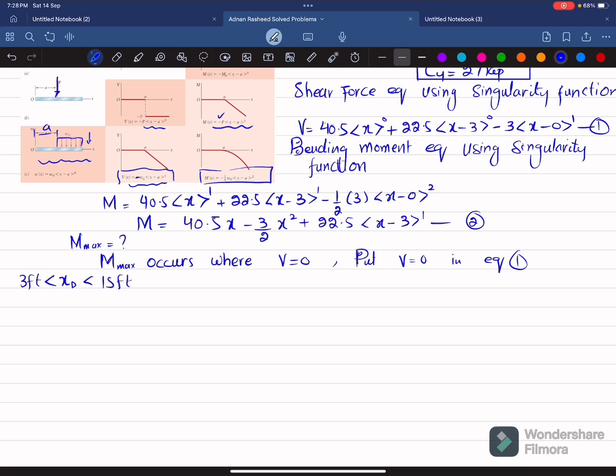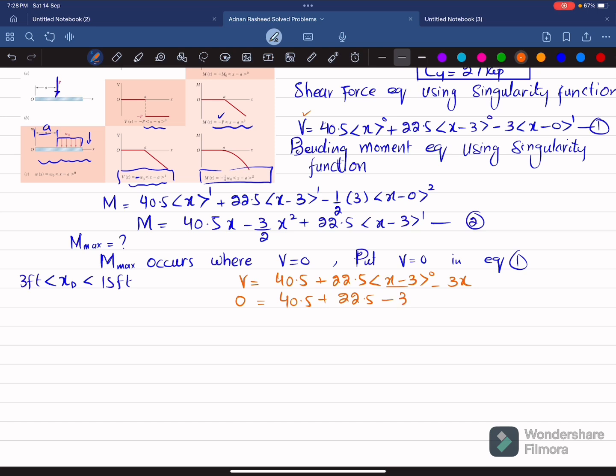So maximum bending moment occurs where shear force is equal to 0. So we'll put it in this equation, which is V is equal to 40.5, because x power 0 is 1, plus 22.5 into x minus 3 power 0 minus 3x. So we will put V equal to 0. So it will be equal to 40.5 this plus 22.5. This term will also be equal to 1 because anything power 0 is 1.